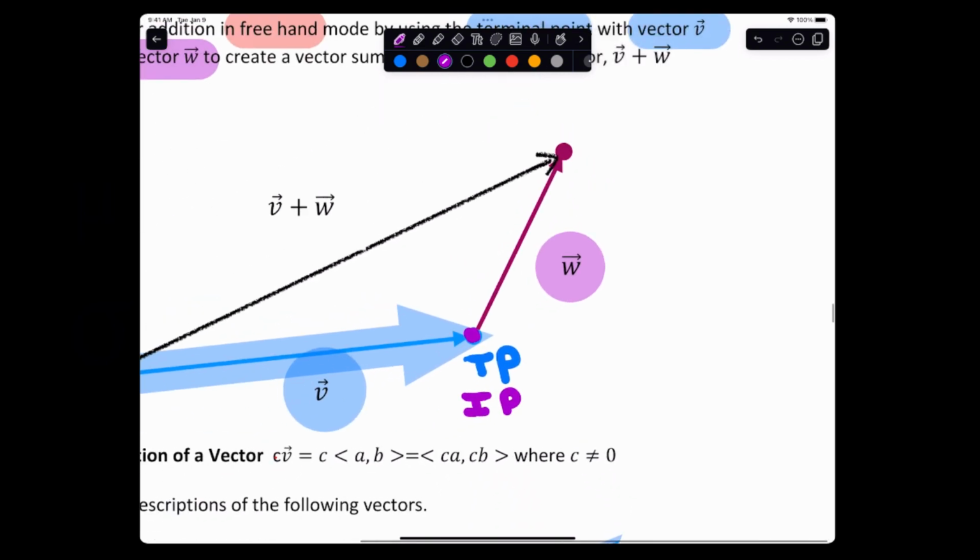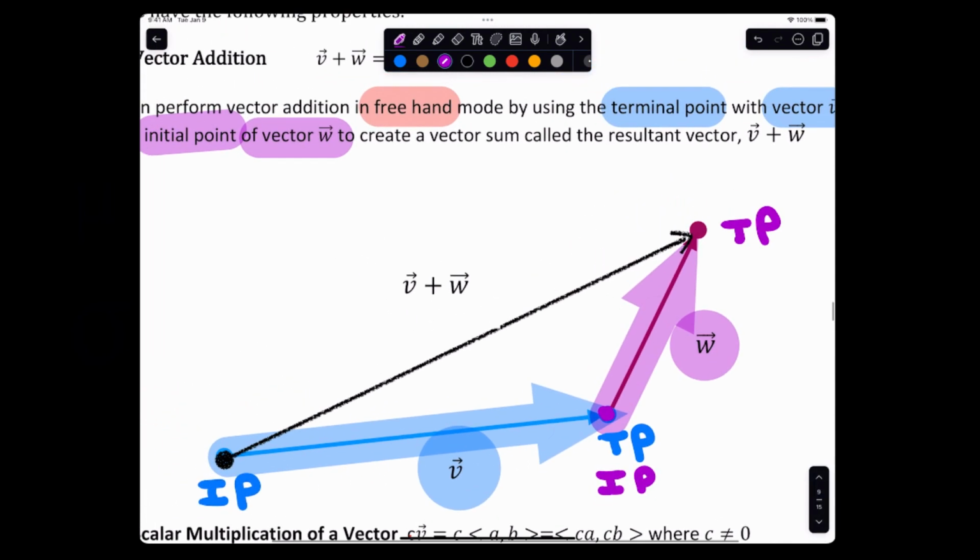So, with vector W now, you say, well, vector W has its own terminal point, and we know that. Been working with those. This here is the terminal point for what? Vector W. So this is what we're saying, okay?